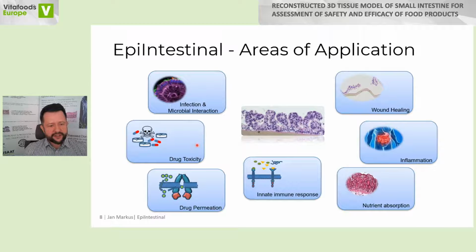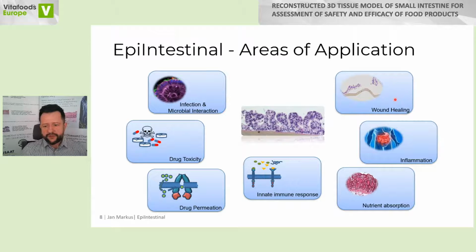Most of all, there is use in the study of drug toxicity, even more in the field of drug permeation, because it is very important to have a good, physiologically relevant model to really study the bioavailability and permeation and metabolism of the drugs when they are perorally used. But it has also been used to study the interaction with microbiota and with the pathogens.